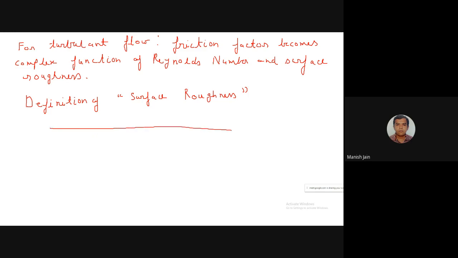Suppose this is a pipeline, and in this pipeline, this is basically the thickness of the tube, and here you have the rough pipe. So this is the roughness of the pipeline. This is basically the characteristic of the tube. If you are using a cast iron tube, the roughness will be different.